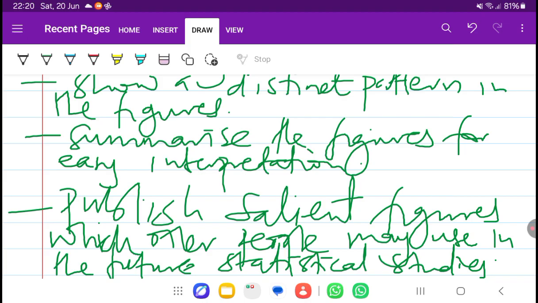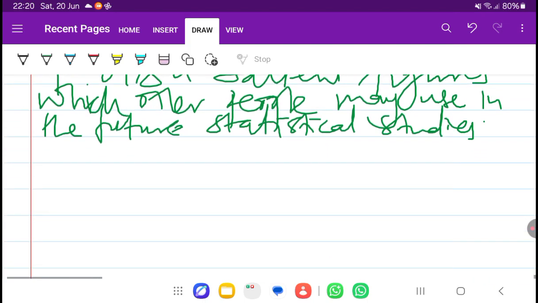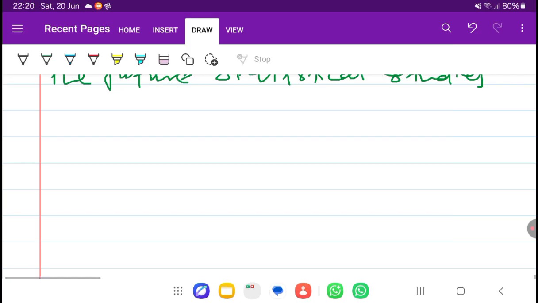So we collect this information, we analyze it very well, and then we publish it, or we save it somewhere, maybe on the internet or in books, so that these other people can use them in the statistical studies that they may carry out. So those are some of the reasons why we use tables.